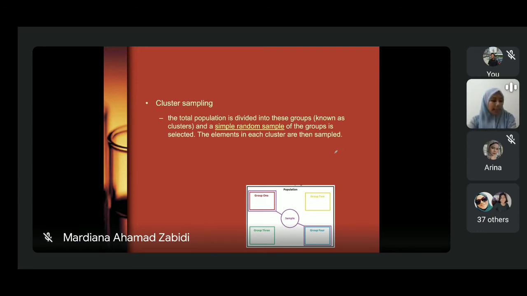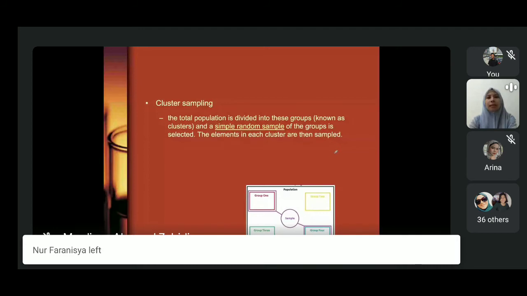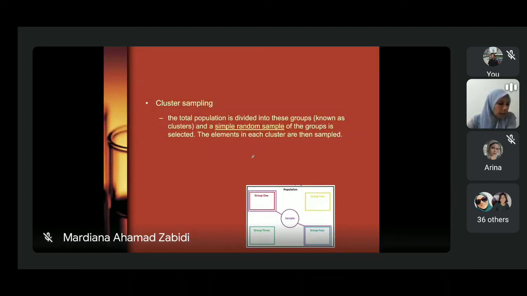Okay, untuk cluster sampling, alright, for this particular cluster sampling, this one is in reversal with the stratified sampling. Okay, untuk cluster sampling, saya ada 2 trolley produk. Saya ada 2 trolley containing raw material.